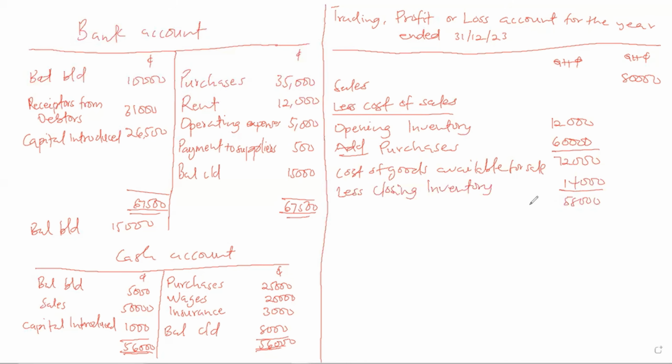Then there was wages in the question, and we prepared an account for wages. So the amount that we said should come to the P&L account will come and be added here. Anytime it is only wages, we add it in the trading account. But if it is salaries and wages, then we treat it as an expense.